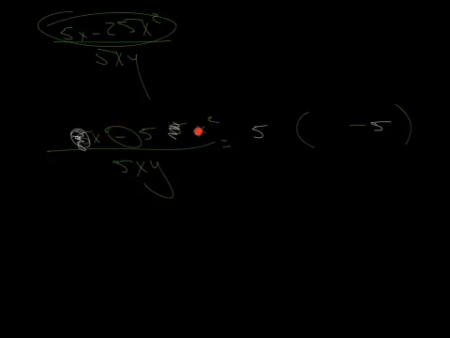I have an x here and an x squared, so I can pull one of the x's out. That goes away, but then again there's nothing there, so you put a 1. And I took 1x out, so I'm left with just 1x there. And that's over 5xy.